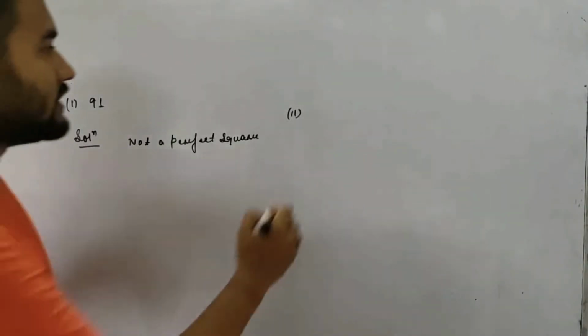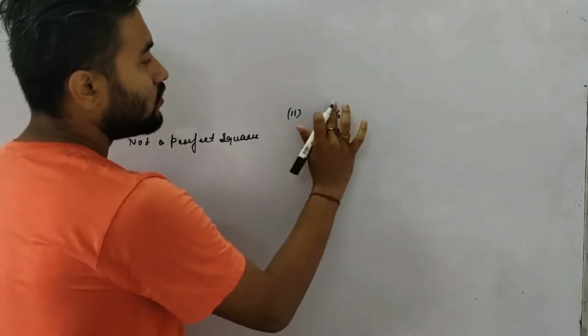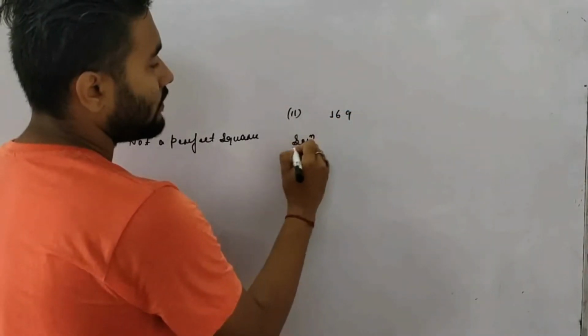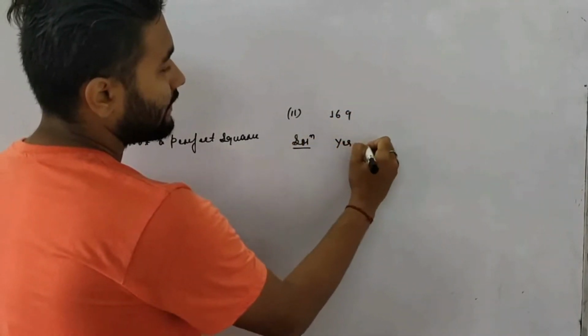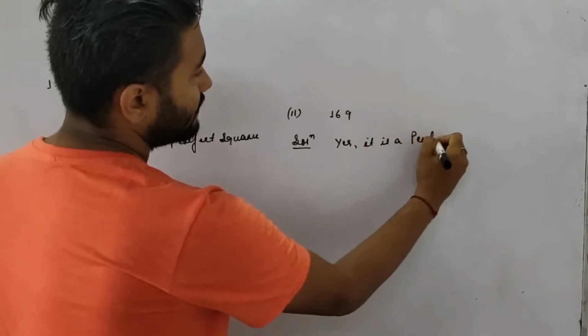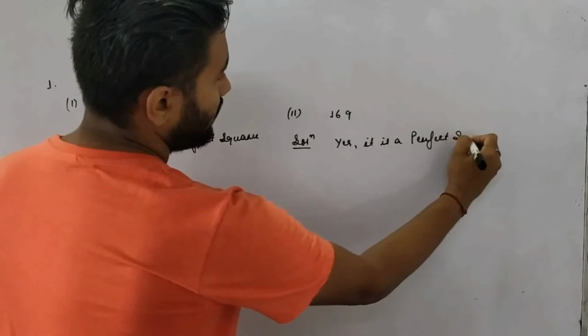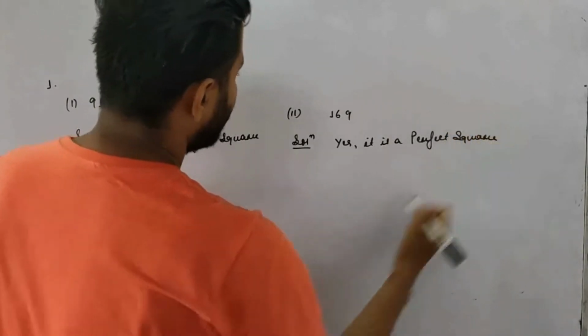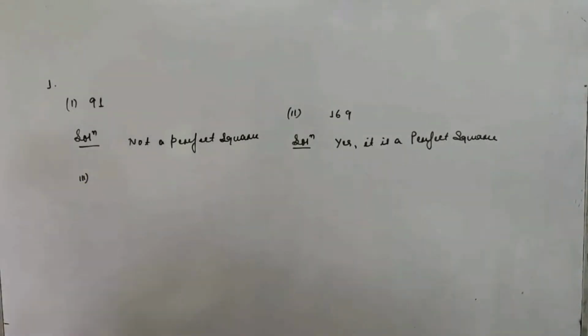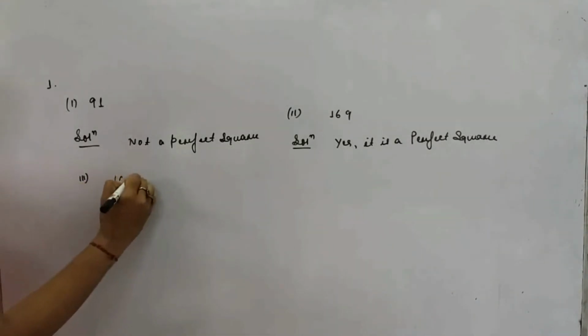Next it is 169. Now clearly we know 169 is 13 square, isn't it? 13 13 ja 169. Yes, it is a perfect square. Number 3, 162.